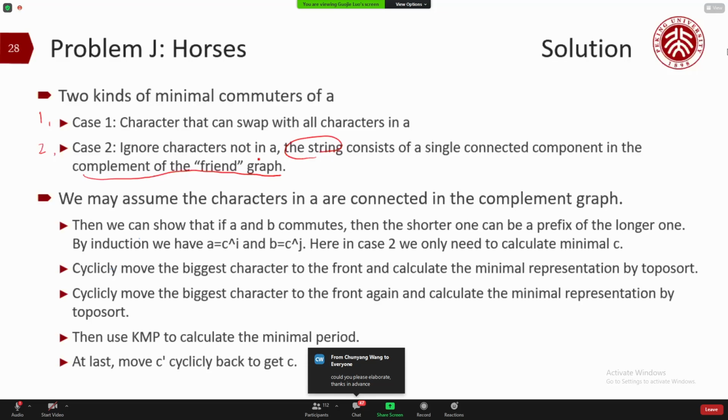If a string consists of a single connected component in the complement of the friend graph, that means the string consists of characters that cannot be swapped.